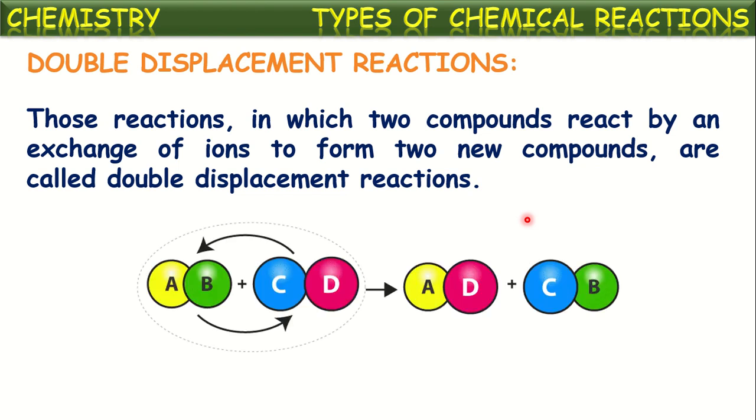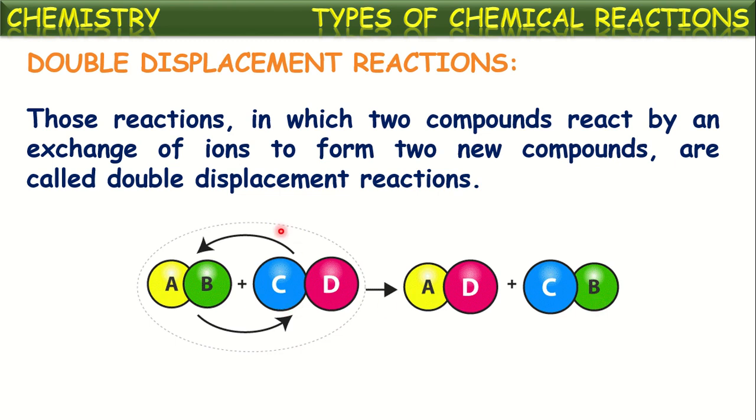For example, see this symbolic representation of this. AB is a compound, CD is another compound. If these two are combining, they are exchanging their radicals. Here, the radical D is coming and combining with A, and B is coming and combining with C, and thus they are forming two new compounds. So what's happening here?